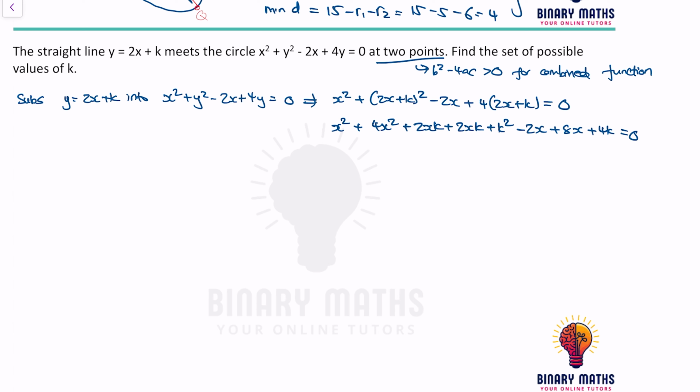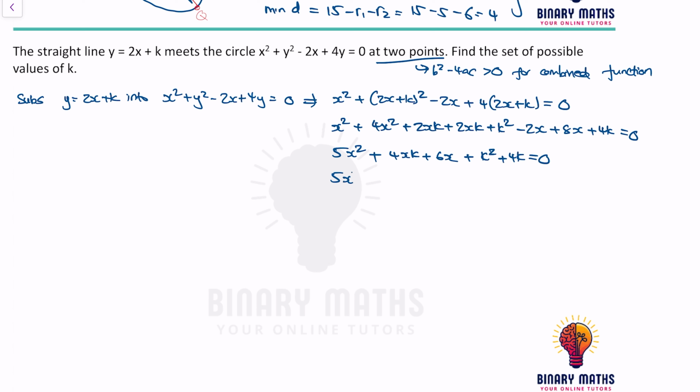Okay, if I clean this up, I end up getting 5x squared plus 4xk minus 2x plus 8x gives me plus 6x plus k squared plus 4k equals 0.